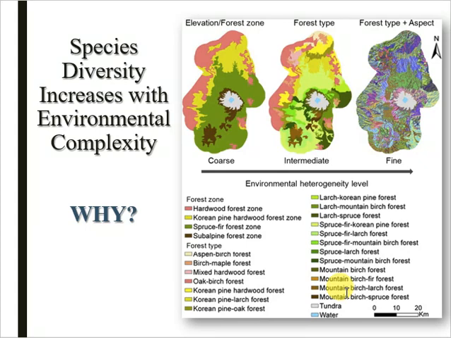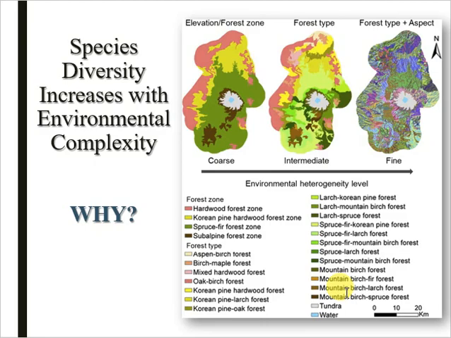So there is greater availability of habitat space and greater opportunities for colonization by different species, because you have more niches, which allows for more species to occupy and colonize, and therefore results in higher species diversity.